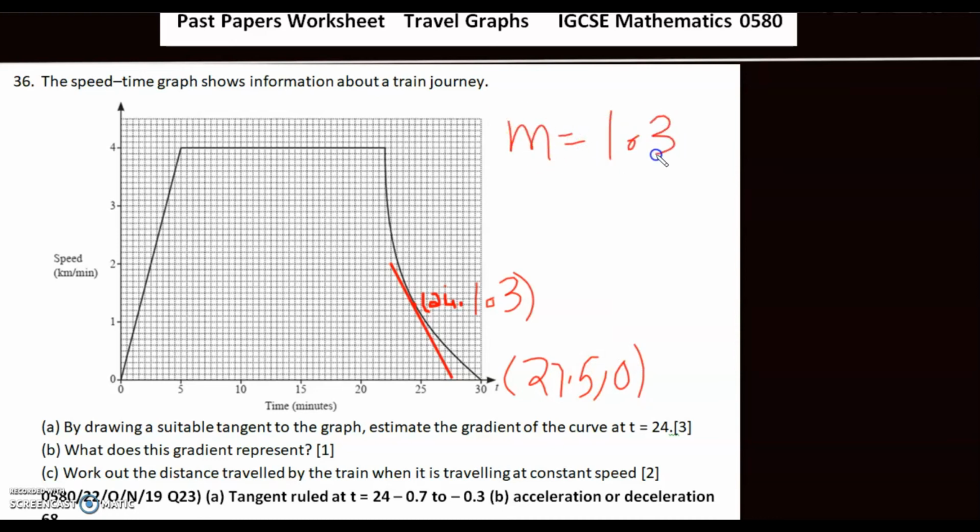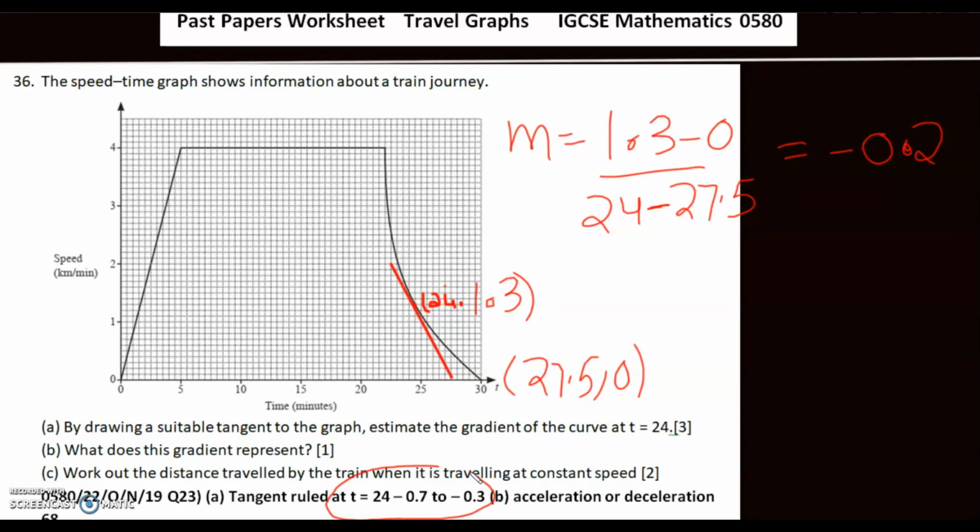y2 minus y1 over x2 minus x1. So what am I getting? 1.3 divided by 24 minus 27.5, which is, I'm getting minus 0.2, which is nowhere close the range given in marking scheme, but my tangent was very rough.